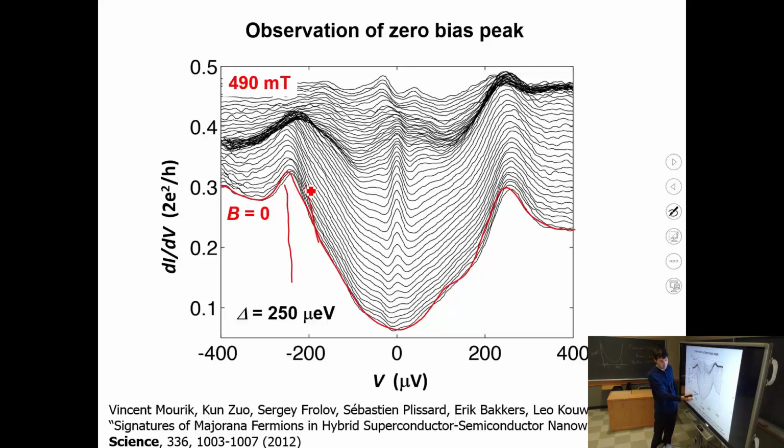And we increase magnetic field, and at about 100 millitesla, around here, we start seeing this little feature emerging. And then it develops into a zero bias peak, which sticks to zero bias, does not move away for some considerable range of field. And so this feature was studied from different directions to check whether it conforms to the Majorana fermion hypothesis.